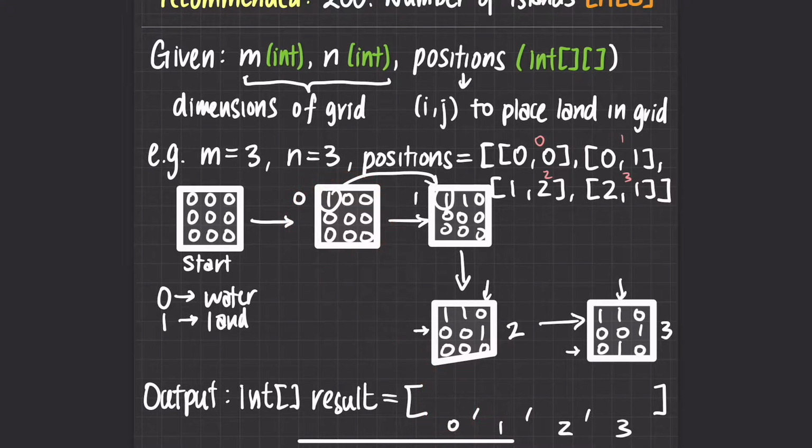For example, here, this points to this grid, here, this points to this grid. And what exactly we have to have in this result array is the number of islands. And we define the number of islands as the number of groups of ones that are completely surrounded by water horizontally and vertically.